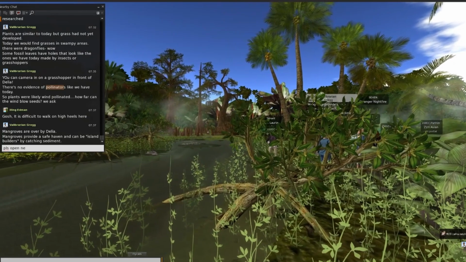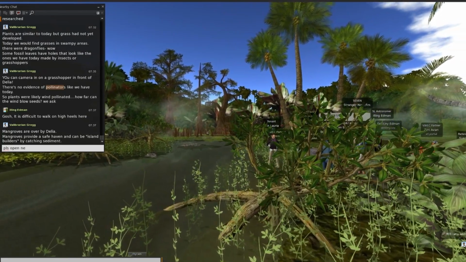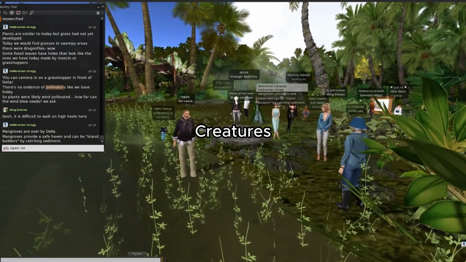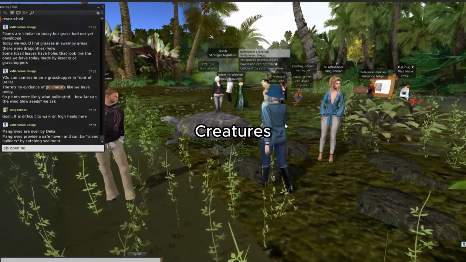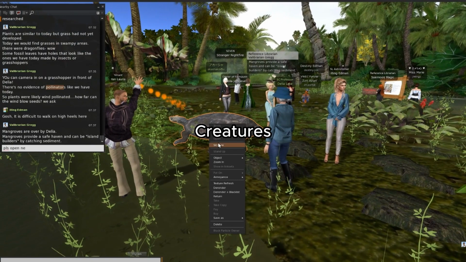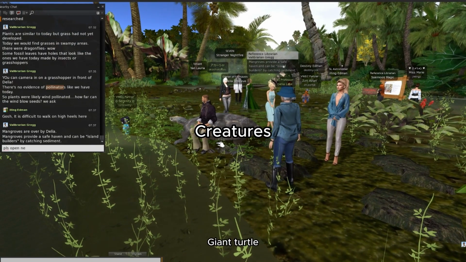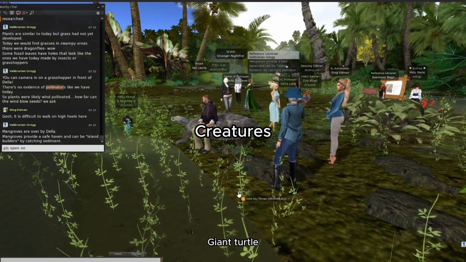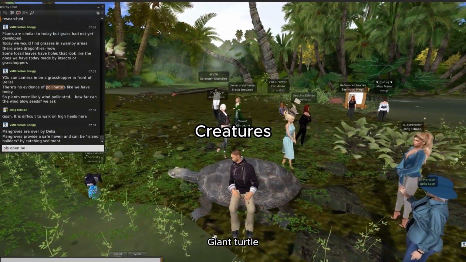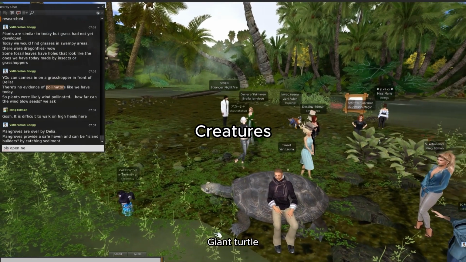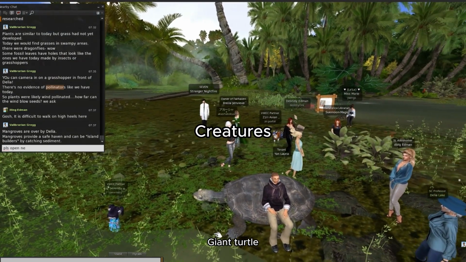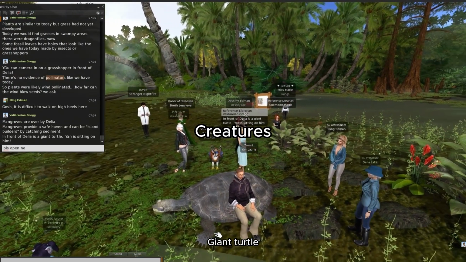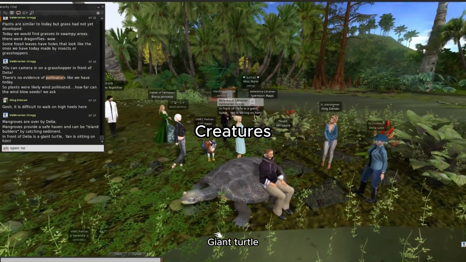But now let's look also at some of the creatures. Right in front of me is a giant turtle. Jan's sitting on the giant turtle. The turtles here are extinct today.